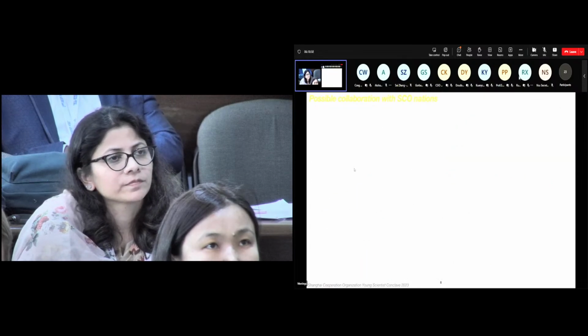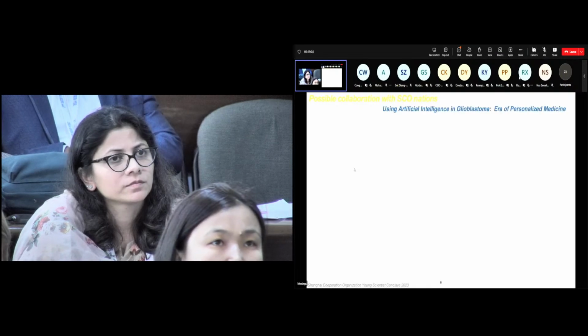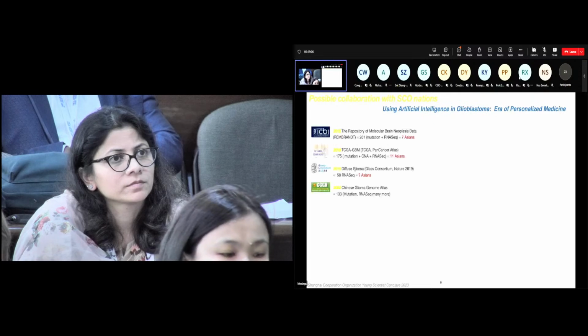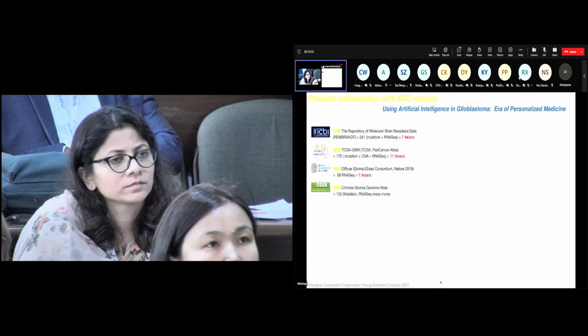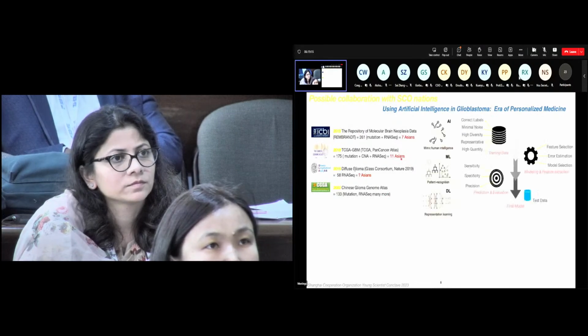So for that, I look forward to possible collaboration with SCO nations using artificial intelligence in glioblastoma in the era of personalized medicine, where, as you can see from the available data set, there is only a small representation from the Asian population.